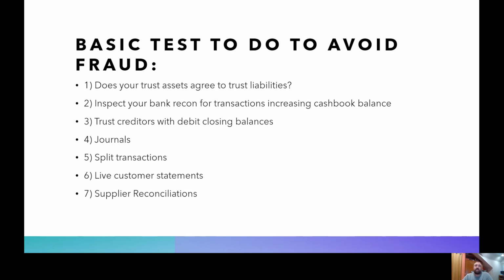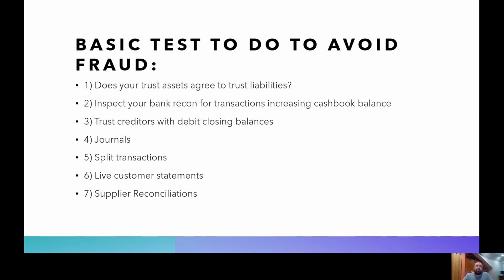To cover that, you capture a fake receipt to the trust assets to lift that to the same value as trust liabilities. But if that money never comes into your bank, then that amount will just stay on your bank recon. So the moment you've got any transactions on your bank recon for more than a day or two, increasing the cash book balance, that must be a big red flag for you in practice.